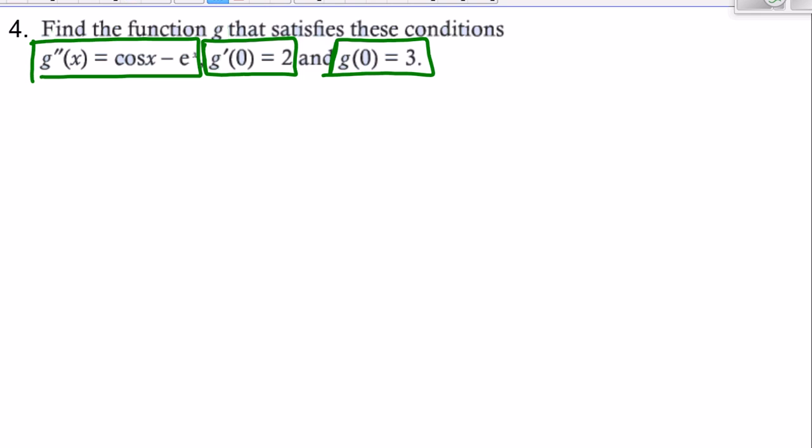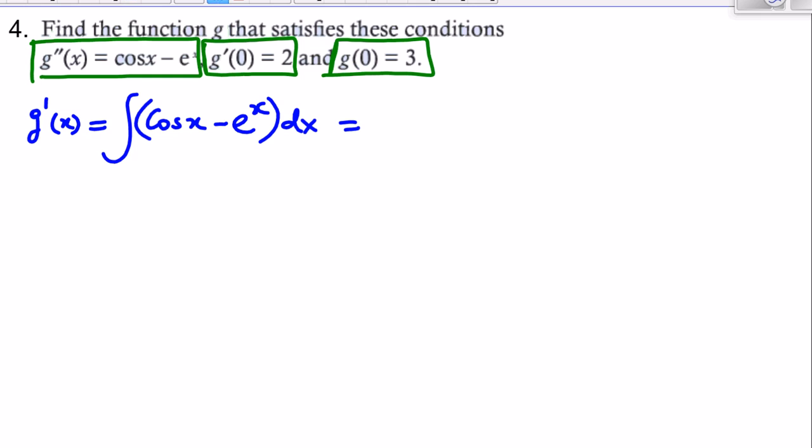Now, the first step that we are going to do here is to integrate. So let's start by finding the gradient function. So the integral of the second derivative, cos x minus e to the power x, with respect to x. Now, if we integrate that, we'll get sine x minus e to the power x plus c.